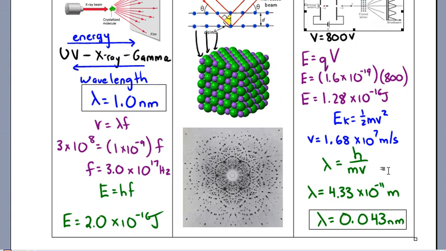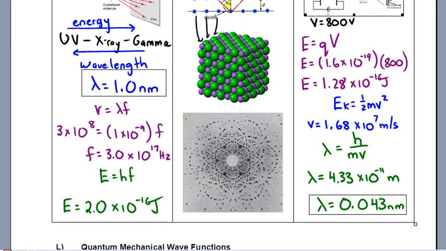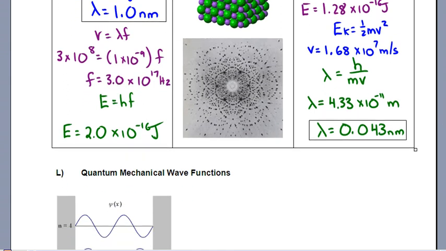And at that speed, they would have these wavelengths of 0.043 nanometers. So depending on the crystal size, it might be more appropriate to use electrons or it might be more appropriate to use X-rays. But now you've got those options. And it turns out it does work. When you fire electrons at these crystals of that size, you do get these patterns. So that's another piece of evidence that quantum mechanics is right, that matter is really all about waves.